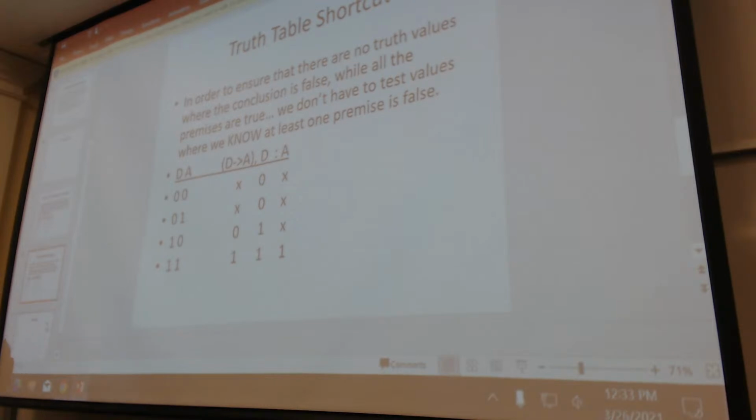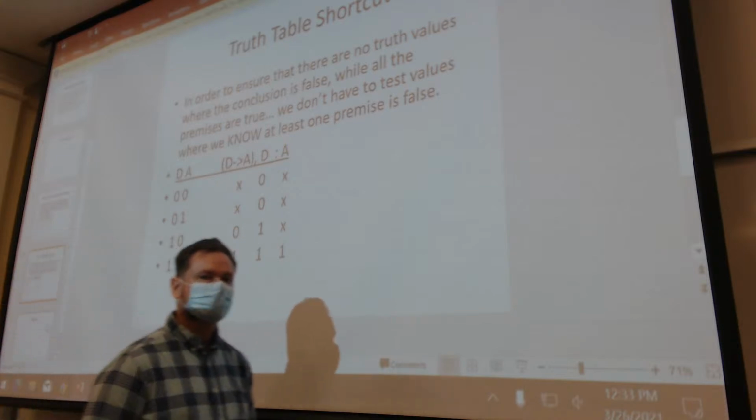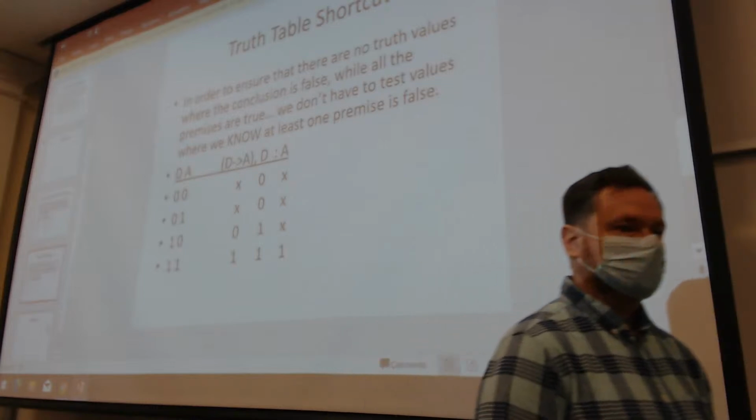Here, you only have to figure out all 3 of the statement values for this 4th set of values. And once you've figured that out, you realize that there's no situation where all the premises are true and the conclusion is false. Therefore, we've proven that the argument is valid.